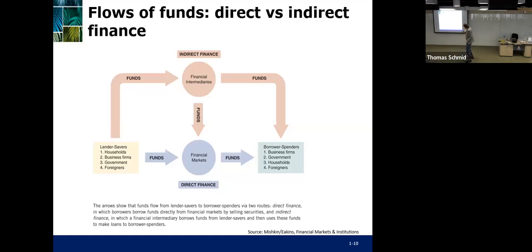So Amy gives her money to a financial intermediary, and then they have a contract, and the financial intermediary then later gives the money to Jack, and Jack starts his business.